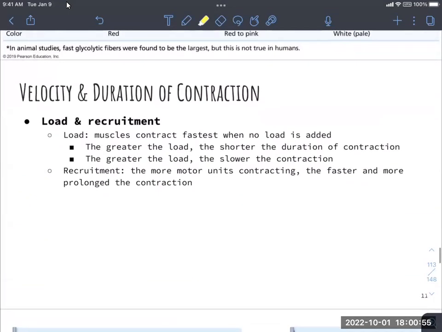So your muscles contract fastest when there's no load added. So you bend your arm up, there's nothing in your hand. Your muscles are going to contract really fast because there's no extra weight added on. The greater that load, so the heavier the object you're trying to move, the slower you will contract those muscles.